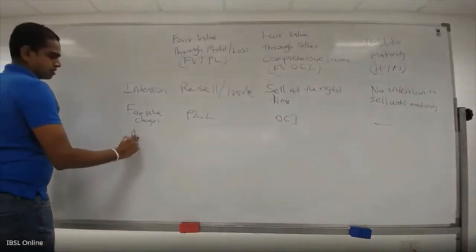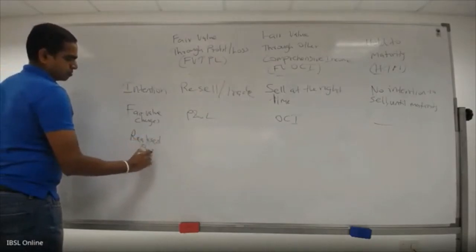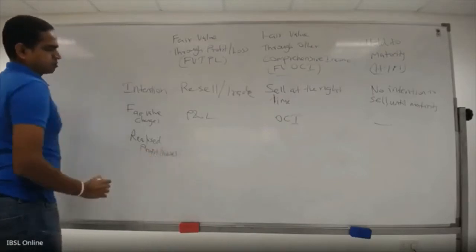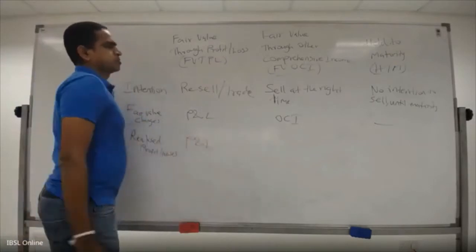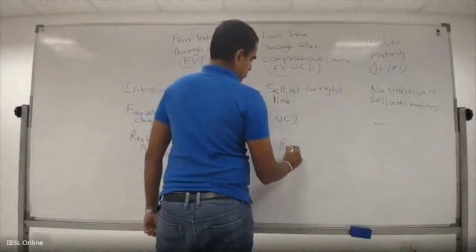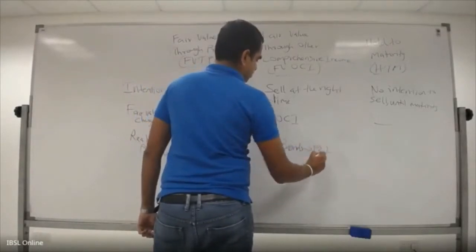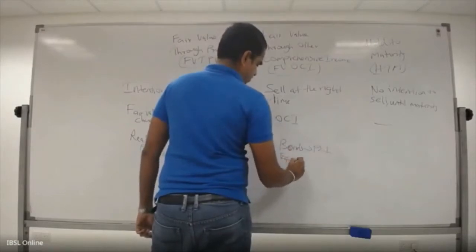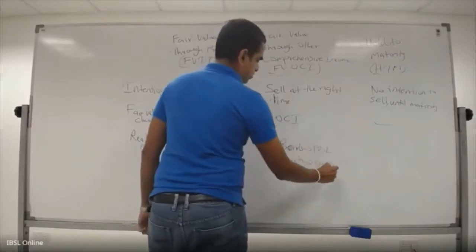Then realized profits or losses, FVTPL will go with the PNL. If the OCI bonds, will go to PNL, and equity will go to OCI.